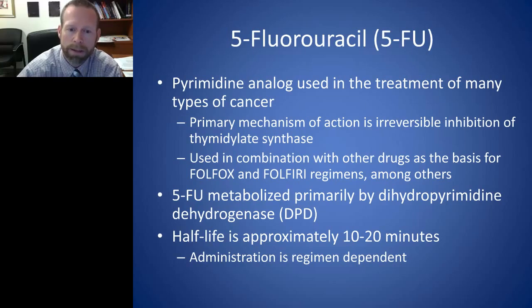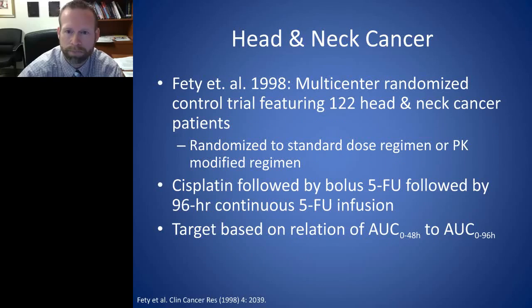The 5-fluorouracil is metabolized by an enzyme, dihydropyrimidine dehydrogenase, or DPD, and that has significant inter-individual variability. So if you get 5-fluorouracil as a patient, there is going to be some variability depending on the enzyme activity of the DPD. The half-life of this agent is approximately 10 to 20 minutes.